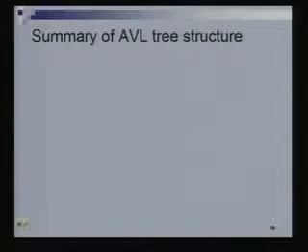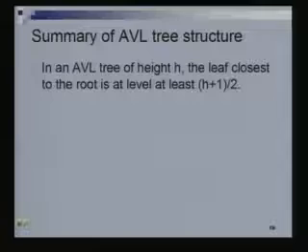So let's summarize what we have seen as far as the structure of an AVL tree is concerned. If the height of an AVL tree is h, then the closest leaf can be at level (h+1)/2. I've just changed things around. When I said the closest leaf was at level k, the height was 2k minus 1.